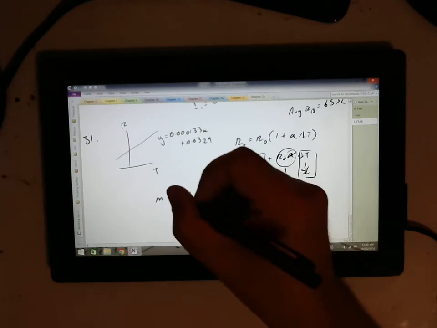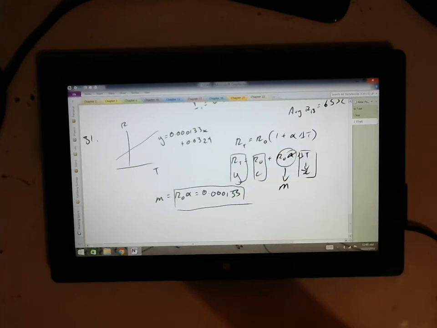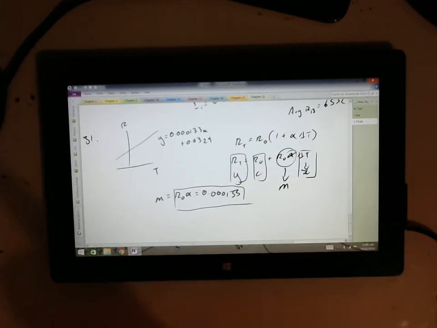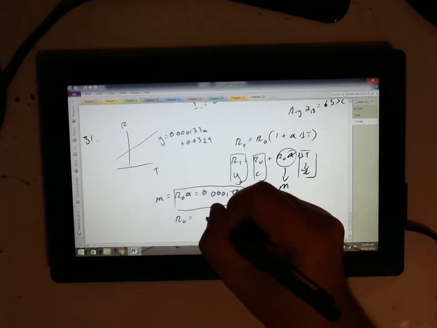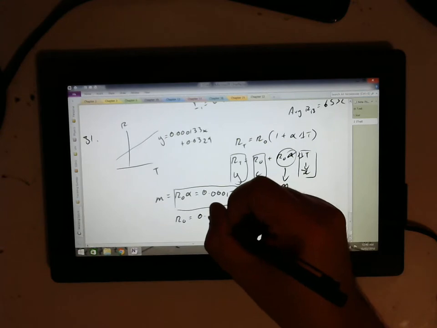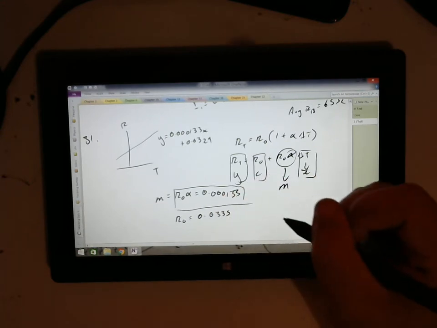So here's the interesting bit. We have that R naught times alpha equals this number. But what's R naught? Well, good news is R naught comes from the data table up there. R naught equals 0.0335.